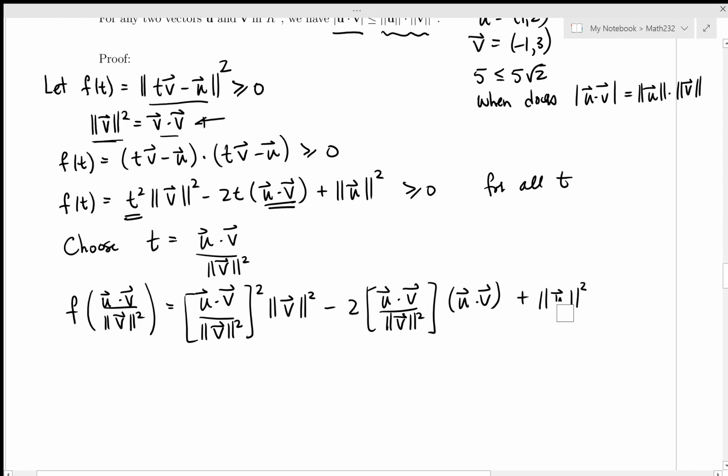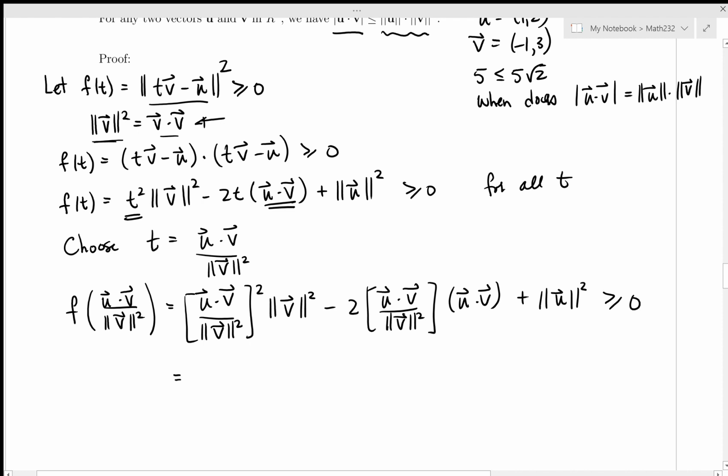And that is greater than or equal to 0, because f of t is greater than or equal to 0 for all values of t, so for this particular value of t that I chose.